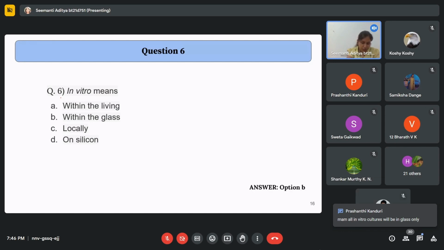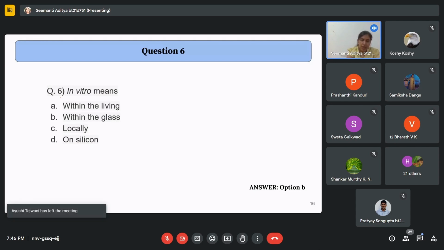Ma'am, will all in vitro cultures be in glass only? No, actually, when the in vitro term was first introduced, scientists used to use test tubes and glass dishes. But over time, glass is not very feasible. It might break, it might cause problems. So nowadays in vitro cultures are also done in plastic.